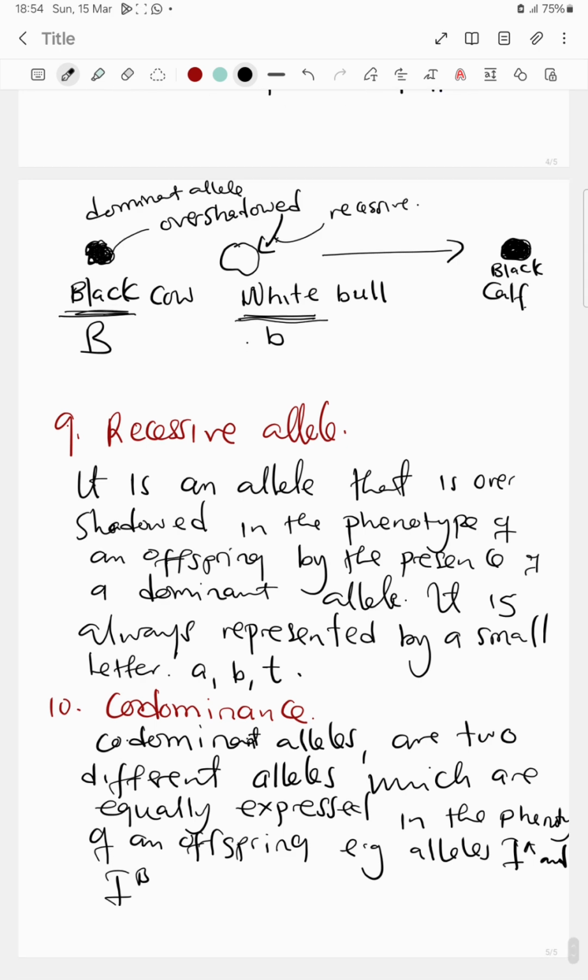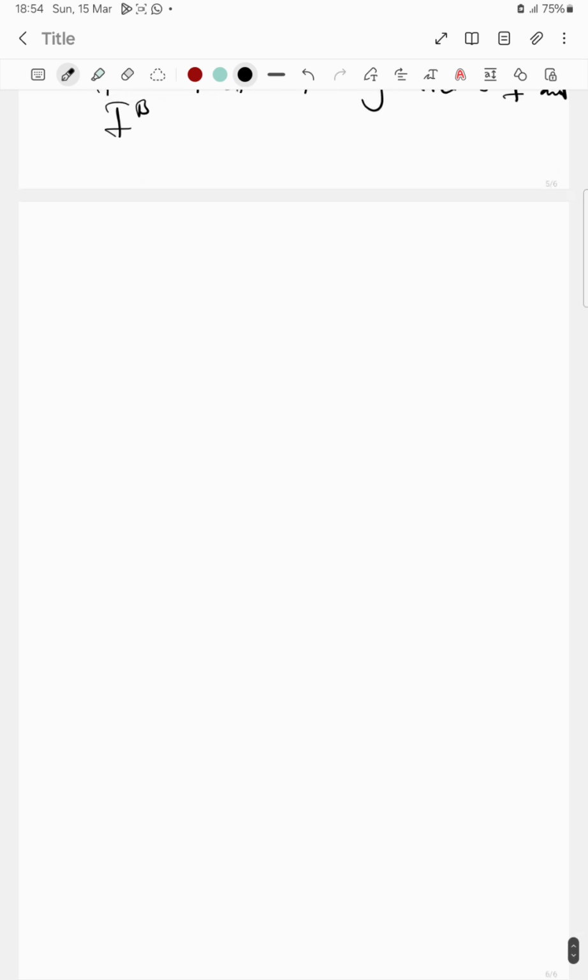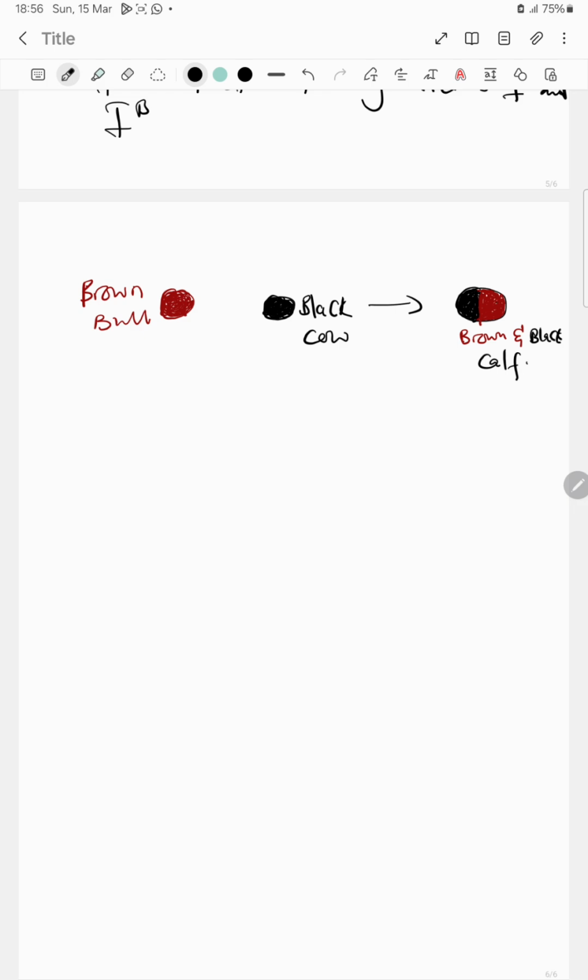Okay, so let's look at this other example. We have the brown bull, which is a male, and we have a black cow. This guy is mated. Look at the colors, the way they are formed there. We have brown and black calf. So meaning all the alleles, which is allele brown and allele black, were equally expressed in the phenotype of the offspring, which is the calf.